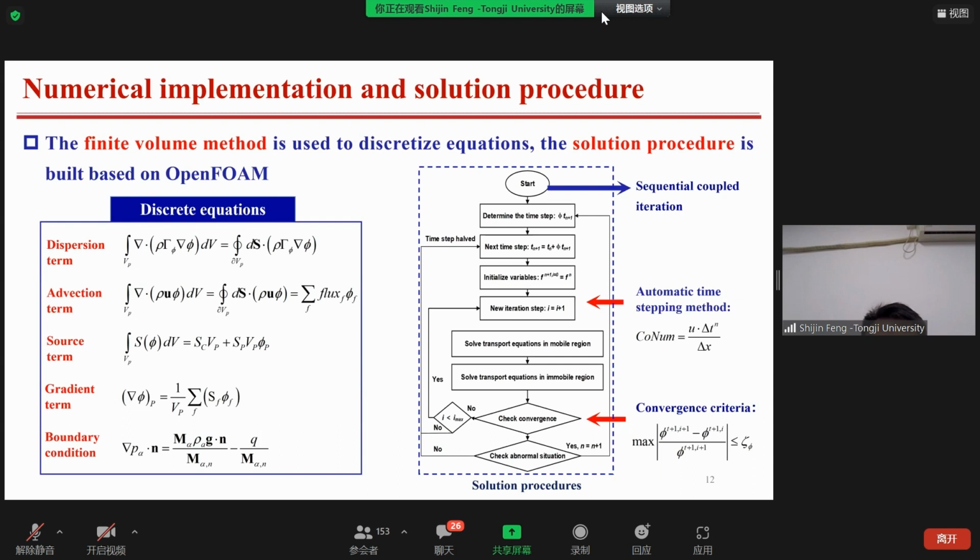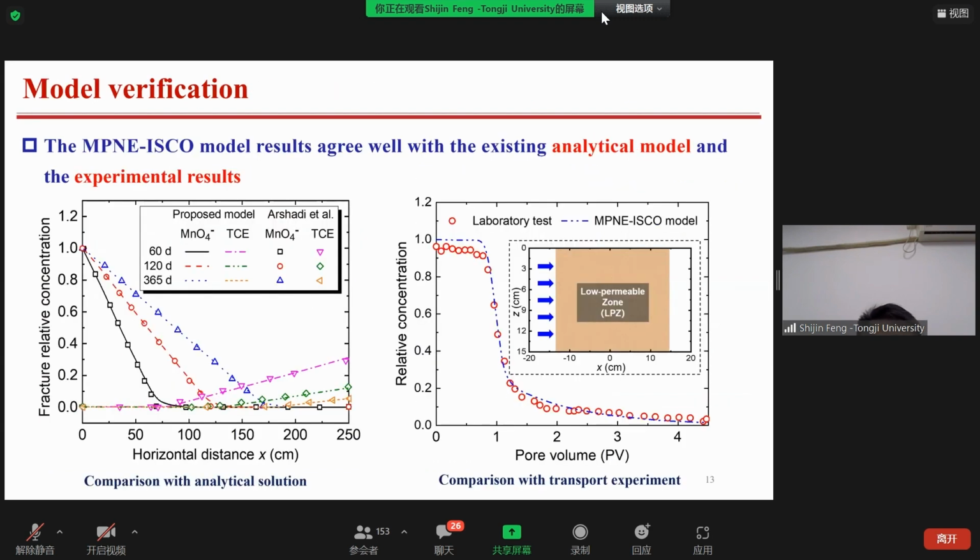We use sequential coupled iteration, automatic time stepping, and relative convergence criteria. We then use the results of existing analytic solutions and tests to verify this model. We can see that the results agree very well. Therefore, the correctness of the numerical model is verified.